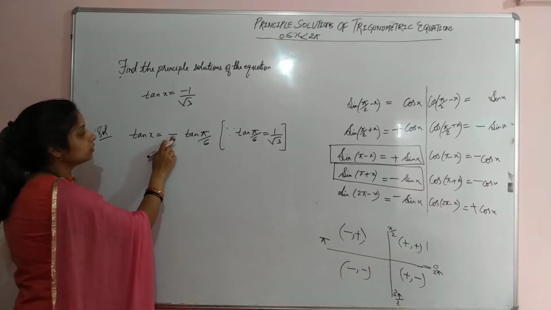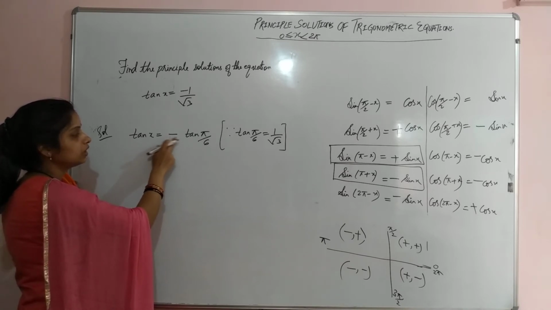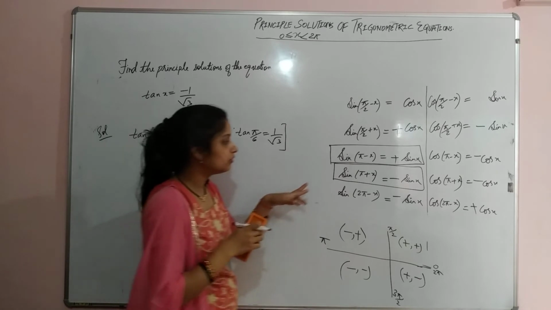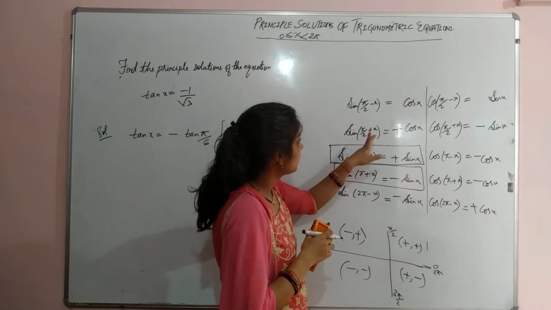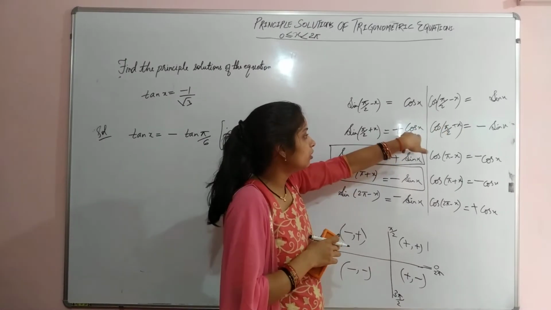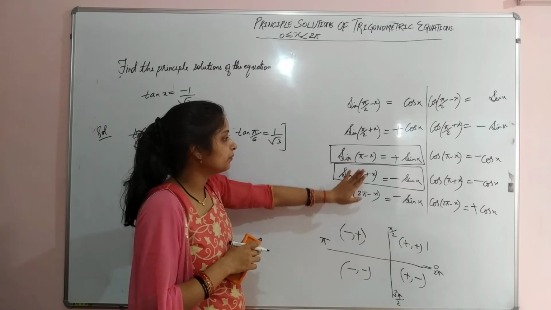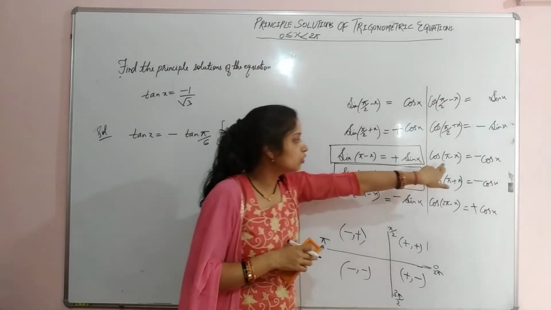Now let me use such a formula which gives a negative sign. If you divide these two, you get cot. Here also you get cot. So you don't want cot, you only need tan. So let me divide this over this.